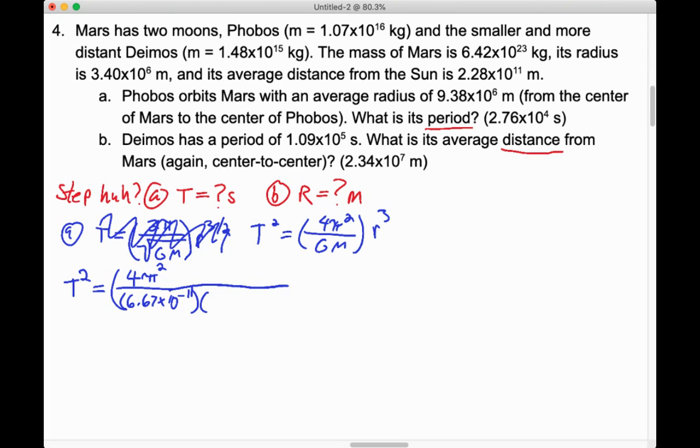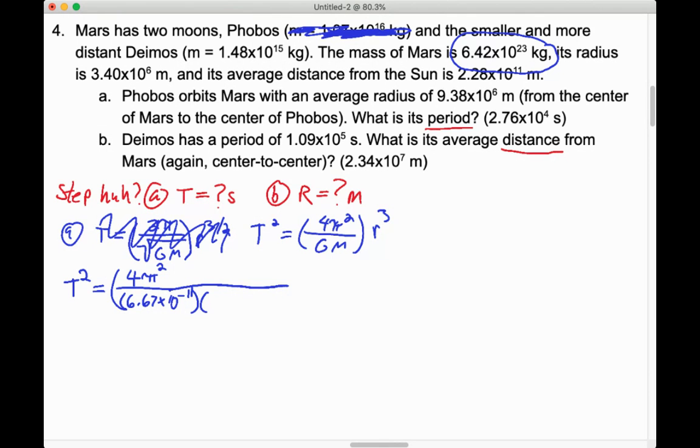Well, when you're using this formula, you always want to use the mass of the thing that is being orbited, not the mass of the thing doing the orbiting. So we don't want this one. This is going to be a red herring. I'm not going to switch to red and circle it like a fish, but yeah, that's your red herring. We don't need to know the mass of Phobos. What we do want is this one, the mass of Mars.